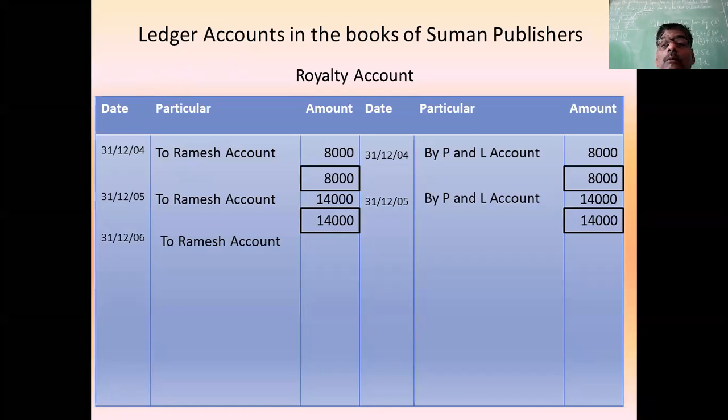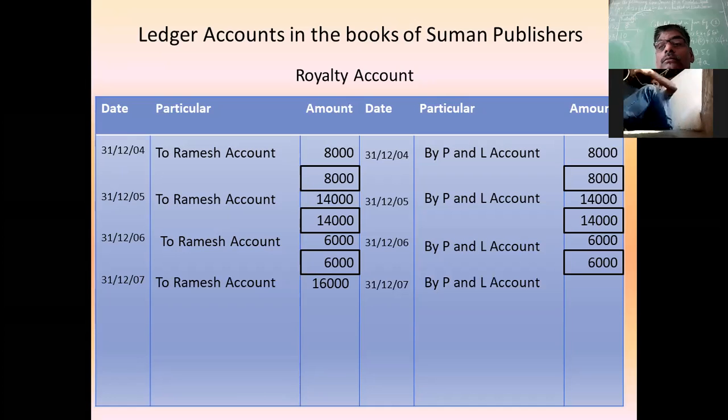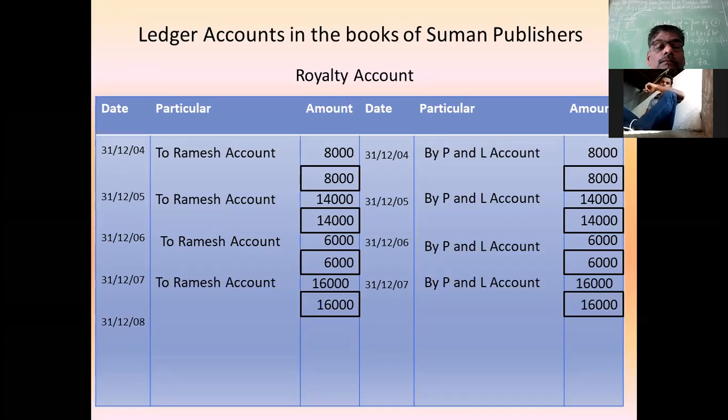Third year, Ramesh account 6,000 by P&L account 6,000, total 6,000. Next, to Ramesh account 16,000 by P&L account 16,000, total 16,000.